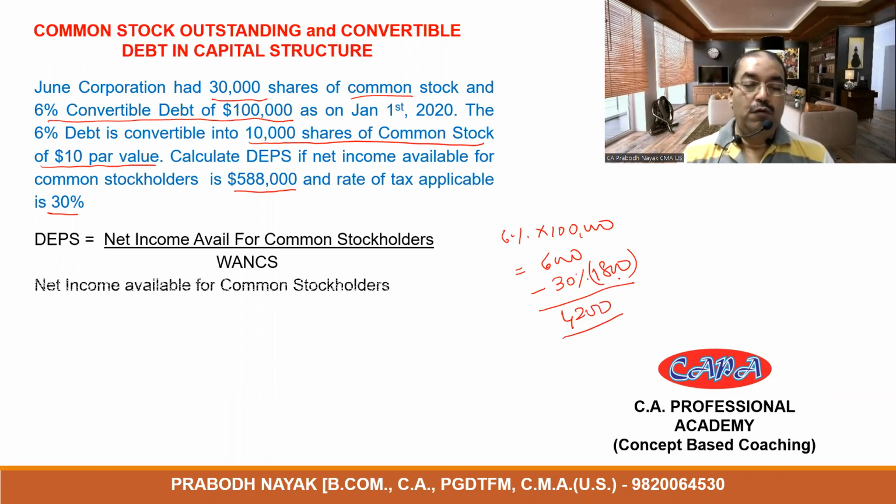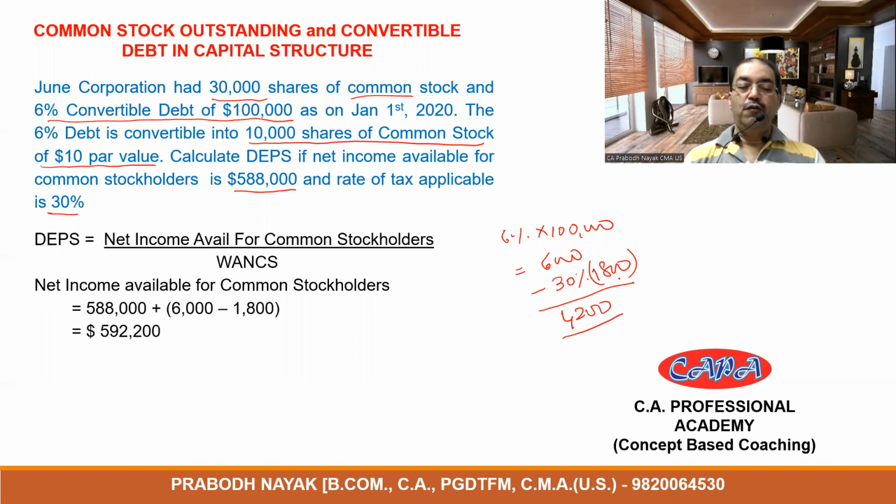So net income available for common stockholders, I will say $588,000 plus 6,000 interest minus the tax. When it is interest, you have to take it net of tax, minus the tax of 30% on 6,000, 1,800. So it will come to 4,200. 588 plus 4, 592,200.